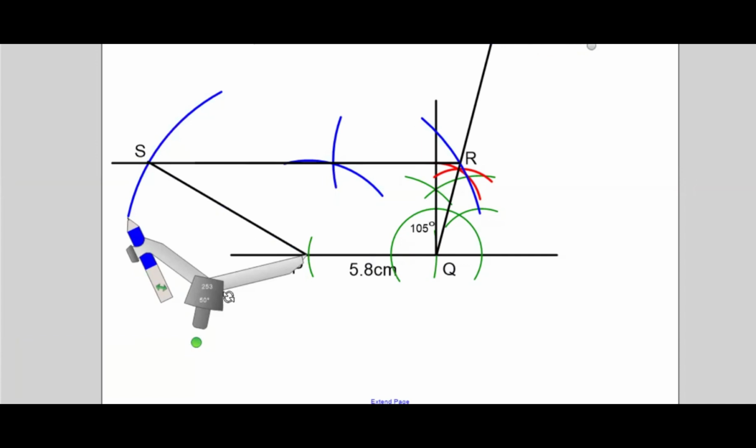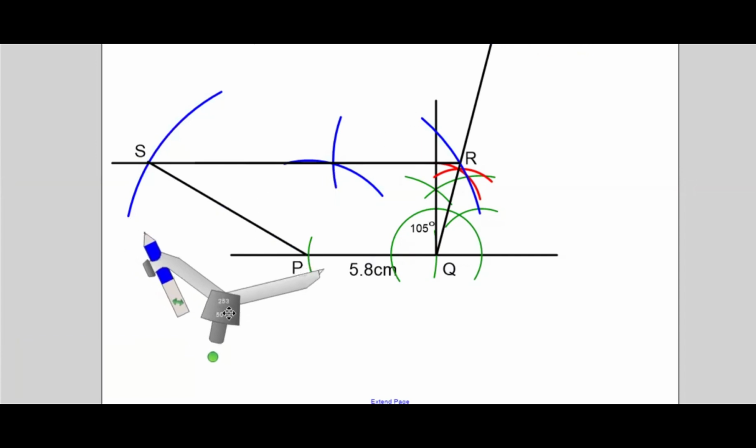So this is our quadrilateral. It's ready, and that is PQRS.